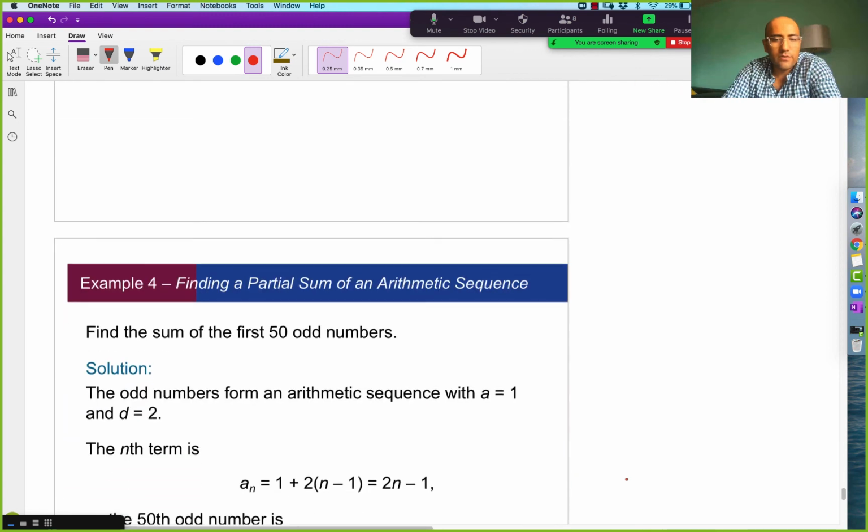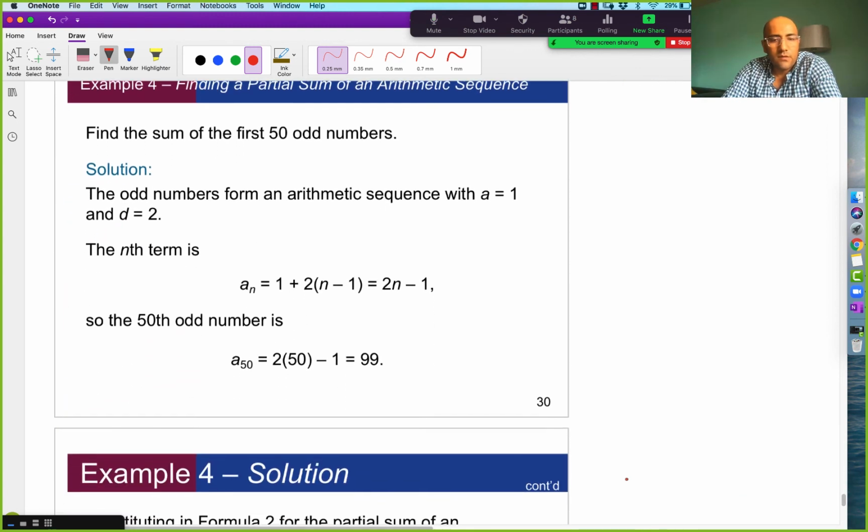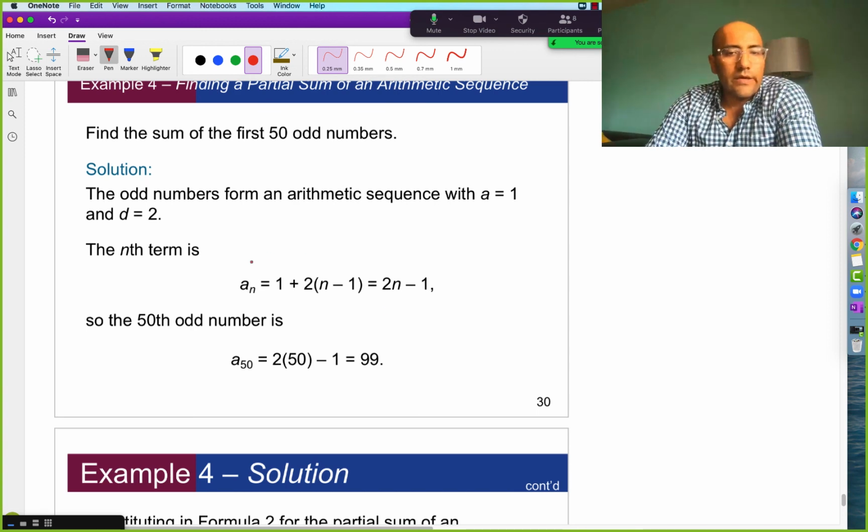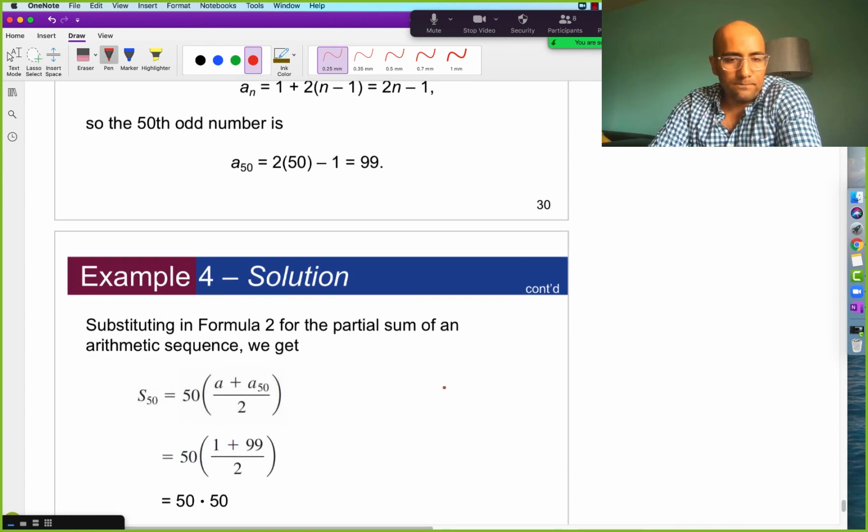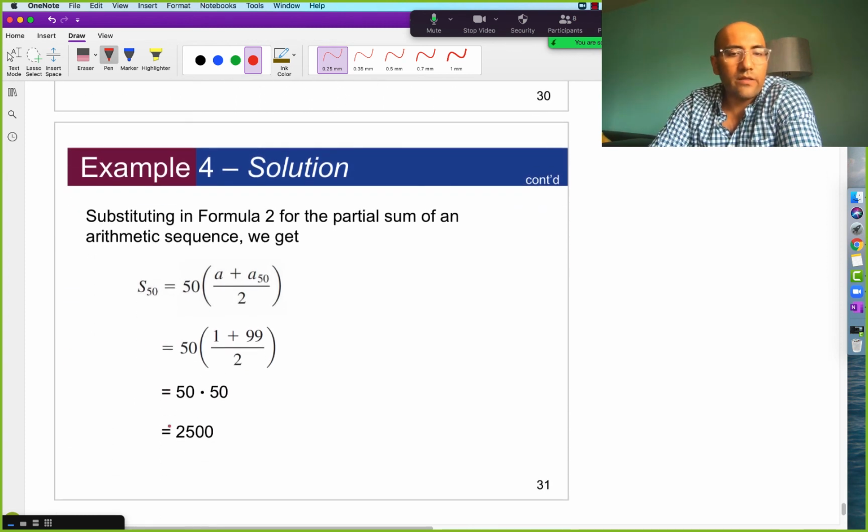See what the author did. Okay, same thing. They found the closed formula for the arithmetic sequence, and then they used that formula to figure out the 50th value on the list is 99. And then you can just use one of the formulas. So they went with this formula.